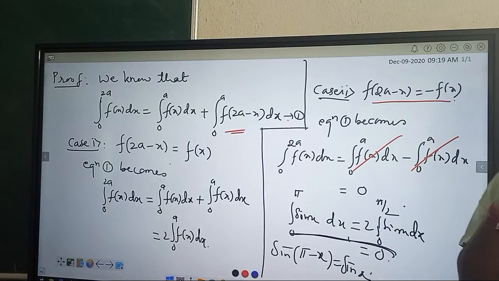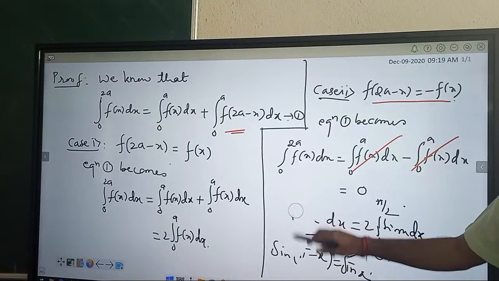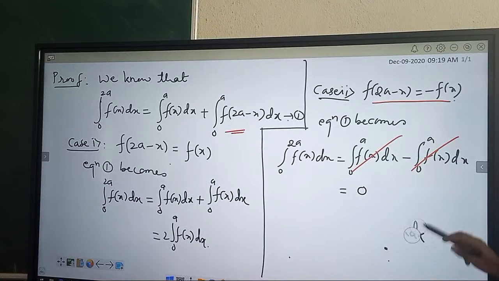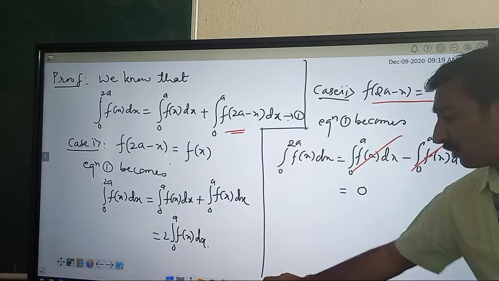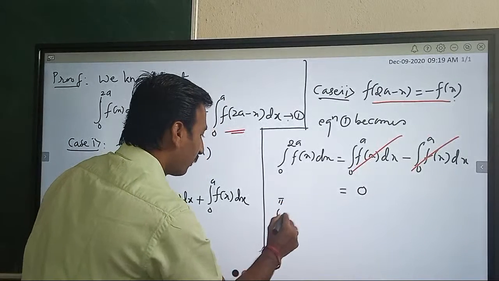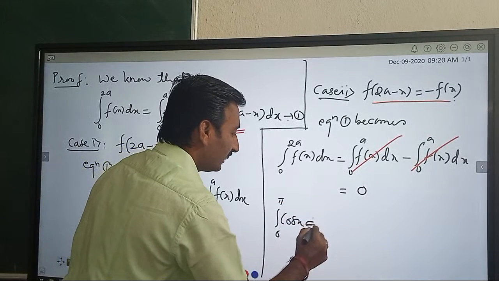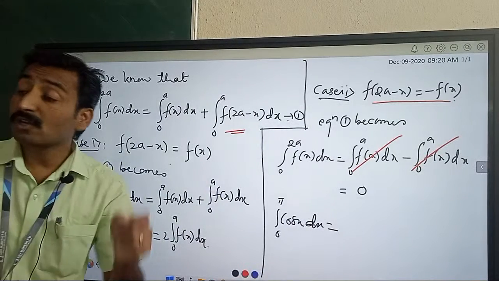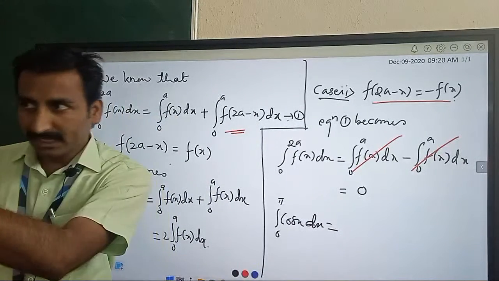So, sir, I have a small doubt, please clarify. So look at this. Suppose we have a doubt: whenever you have cos x, look at this. I told you 0 to pi cos x dx, and I told you the answer is directly 0. And you know very well cos pi minus x is equal to minus cos x.